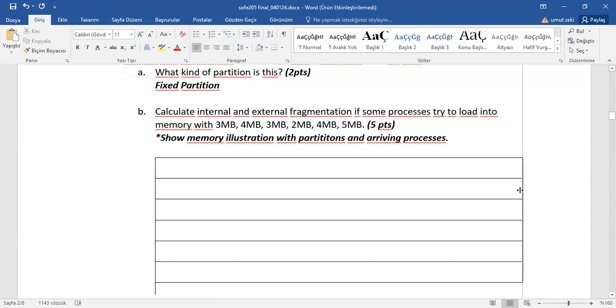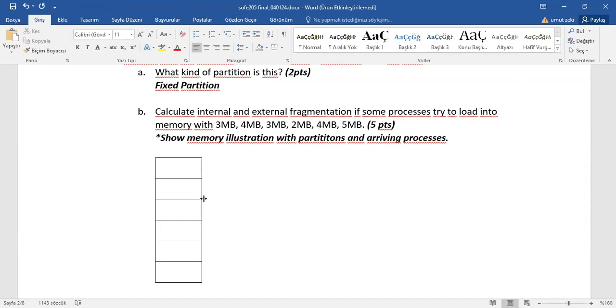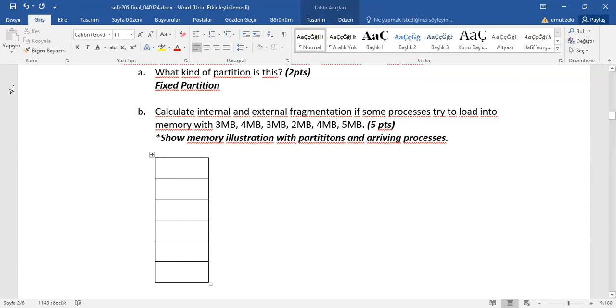Let's say this is our memory, and each of them is 5 megabytes. Why?